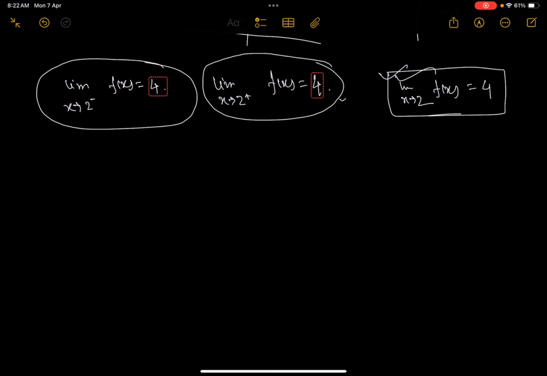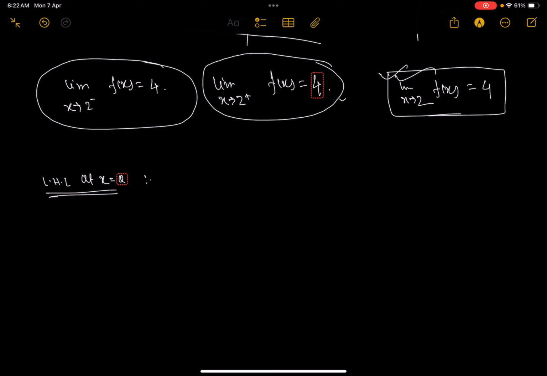We did this graphically also. Now the left hand limit at x equals a, from the neighborhood.